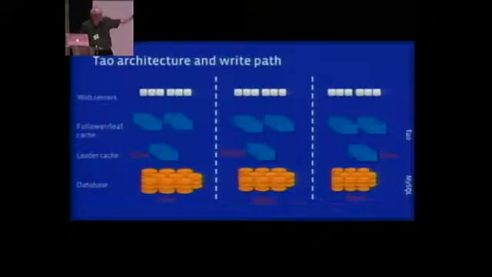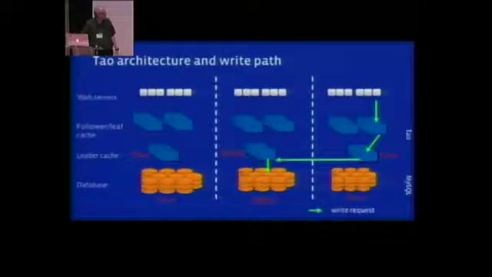Maybe one is in Asia, maybe one is in Europe, and maybe one is in the US. So there's a master region, in some sense. There's a master for each of the data. All the data in the social graph is stored in MySQL. And then there are the squares, and these are caches of this TAO system. And so we see it's a 2-layered cache system.